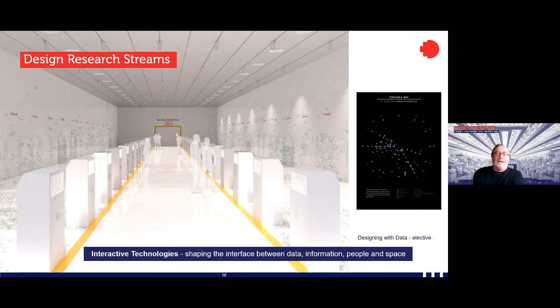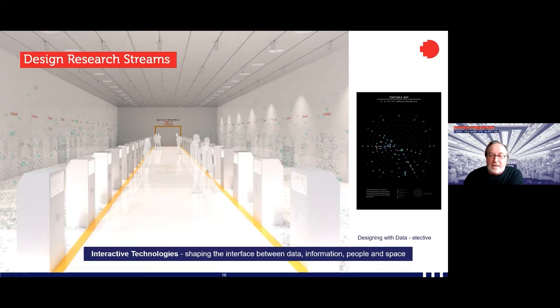All right, very quickly, this is now the interactive technology stream. And so this is looking at a large range of things, from shaping the interface between data, information, people, and space. And this is probably the one that we're all being affected by daily with our mobile devices, constantly updating and changing our relationship with the world.